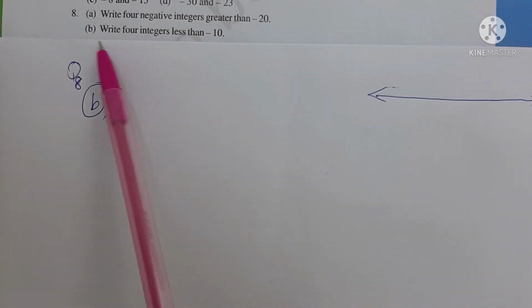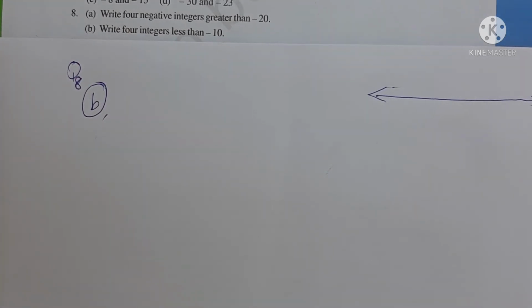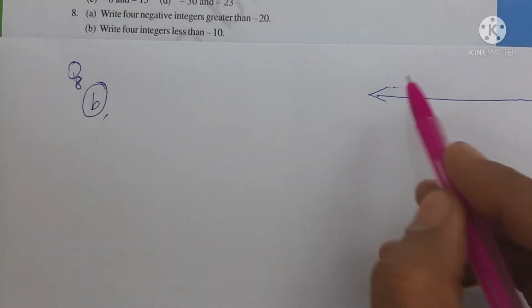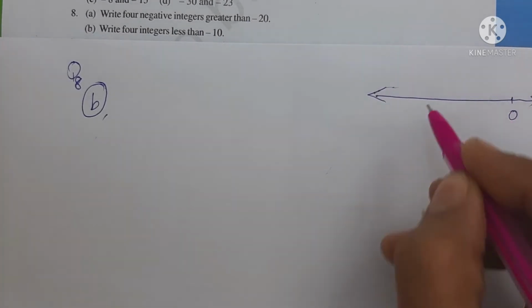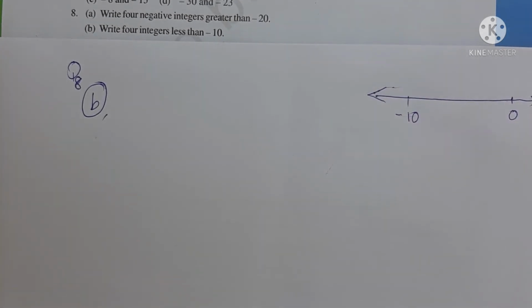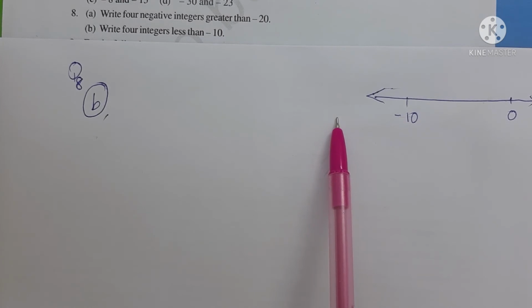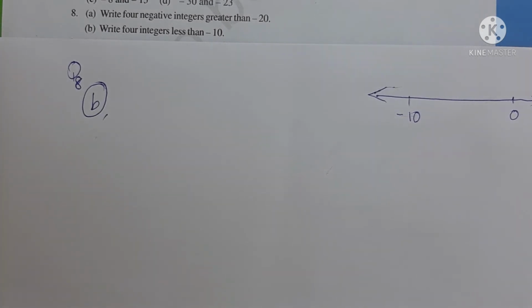To question number B, write 4 integers less than minus 10. So you have to write 4 negative integers lesser than minus 10. You know that this is a number line, this is 0, this is minus 10. You can move from minus 10 to the left side of the number line and find the lesser integers.